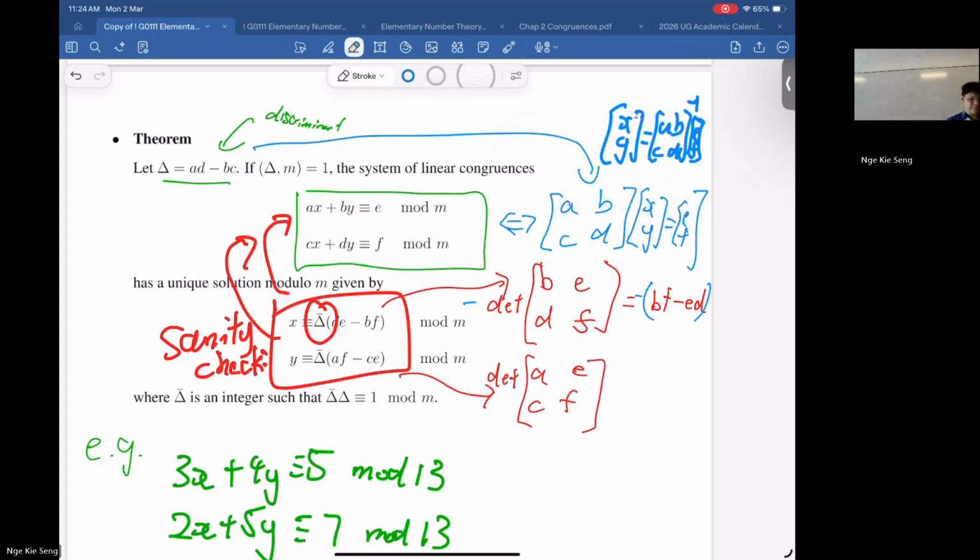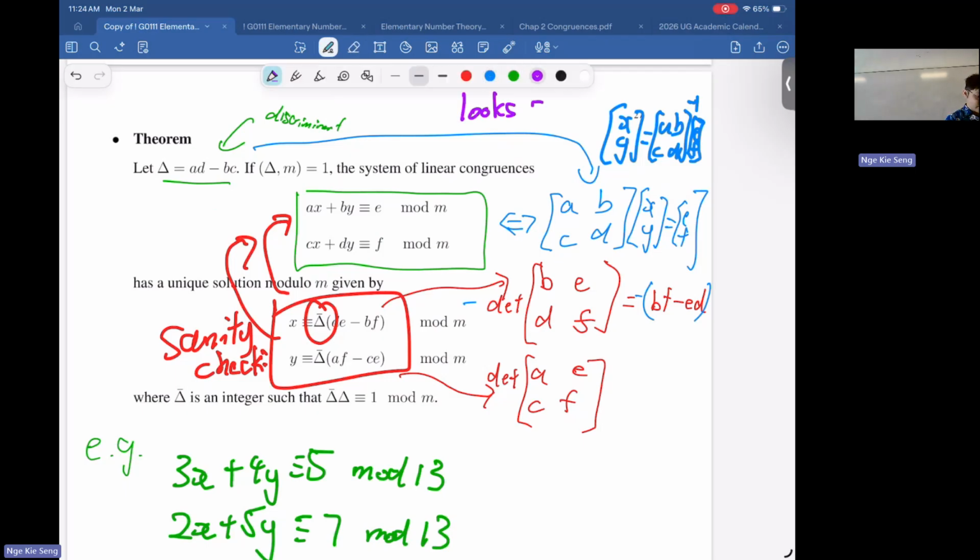This looks similar to Cramer's rule. For those who learned linear algebra before, you will relate this. You can try and go back and compare Cramer's rule and this formula. Very similar.